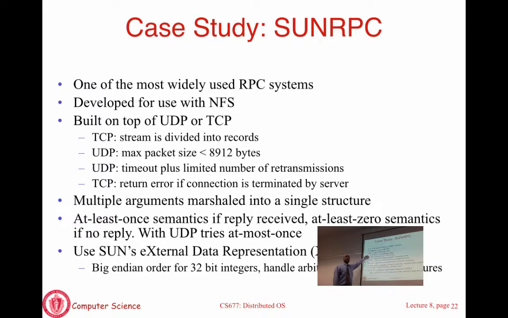The other thing that they had to do when they wrote this RPC system is you cannot put a limit on how large the RPC request is and how large the reply is. You may pass a large array as a parameter to your RPC system. So you can't assume that your entire RPC call will be one packet. It could be many packets depending on how many arguments are passed, how large those arguments are.